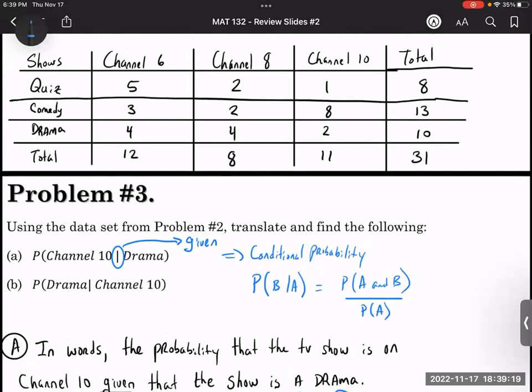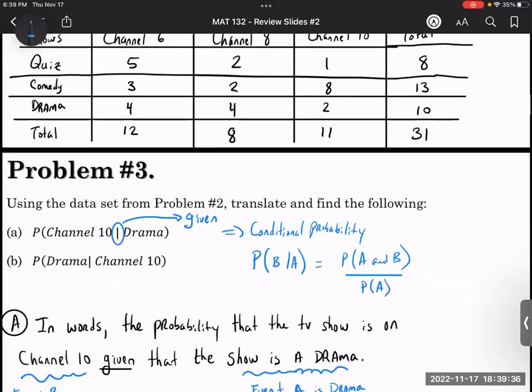How many drama shows were there? There were 10 of them. Out of the 10 drama shows, there were 2 on channel 10. That's how you would answer this question. I don't necessarily use the formula, so I'm going to repeat it.